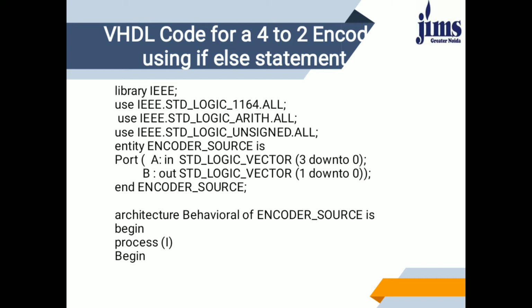We have 4 inputs, so 0 to 3, or we can write 3 downto 0. Now we will define the B output also. B is the output. Again it has 2 outputs, B0 and B1. So either we can define it through B0, B1, or through a vector, that means 1 downto 0 or 0 to 1.